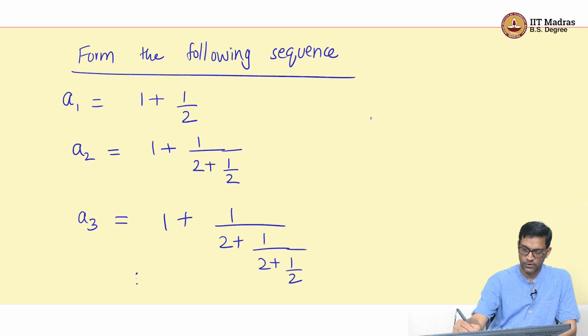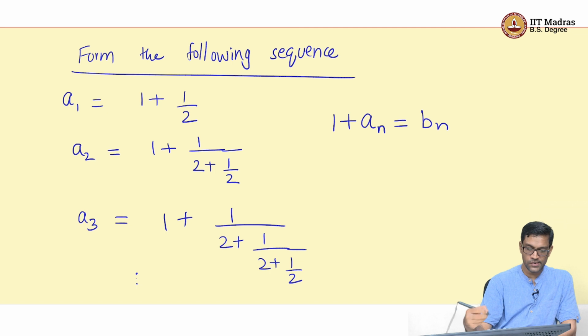So in general, if you see how the terms are being formed, it's as follows. Maybe it's easier to do the following. Let's add 1 to all the A's. If you add 1 to all the A's, let's call the new sequence Bn. Then Bn is a little more symmetric than the An's because it's got only 2's, there is no 1 in front.